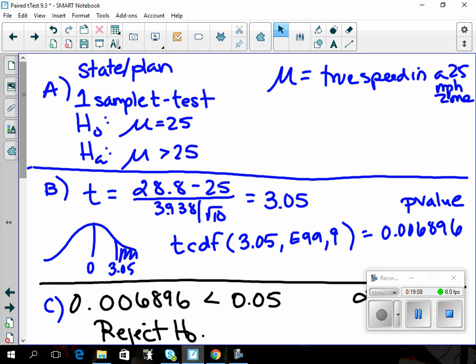Sort of rarely do you have a full hypothesis test on the AP exam. Often they will give you a p-value and ask you to interpret it. Often they will say, the hypotheses are this, what would you say about this? That kind of thing.